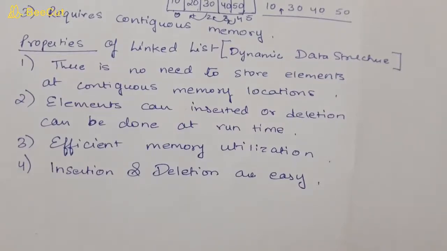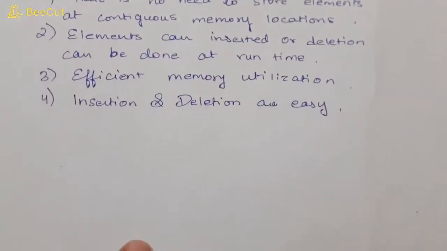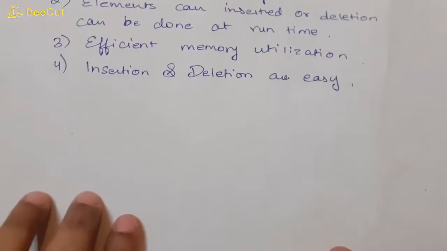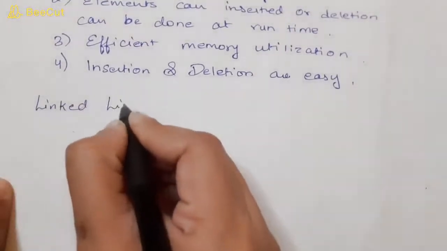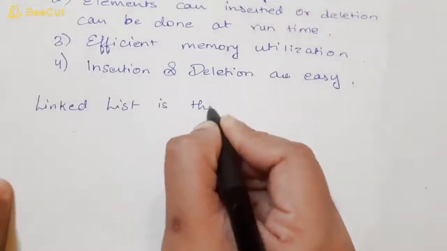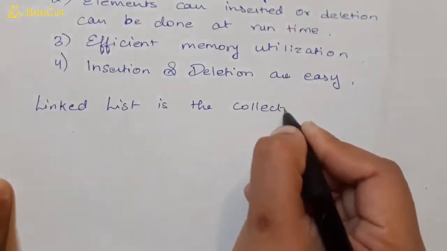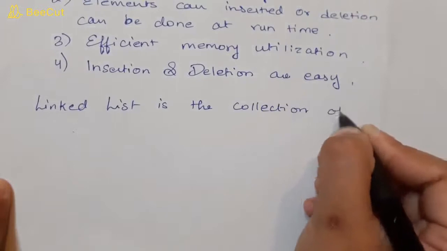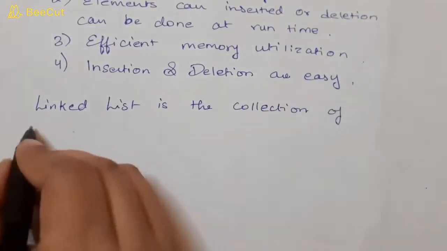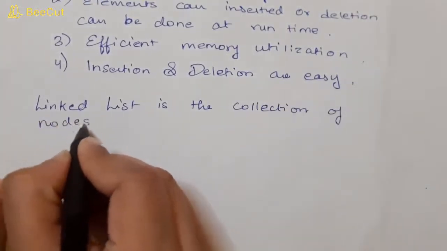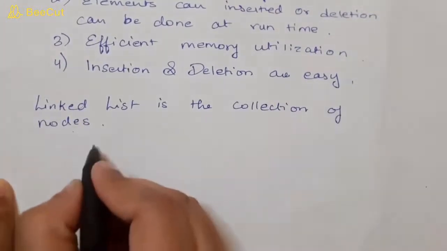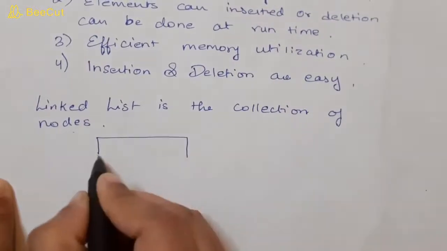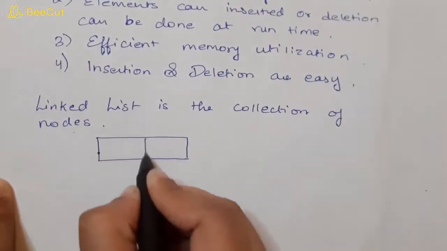Now, how do we represent a linked list? Now we'll come to the definition part of the linked list. Linked list is a collection of nodes where each node comprises two fields.